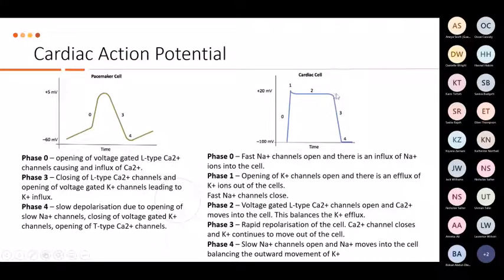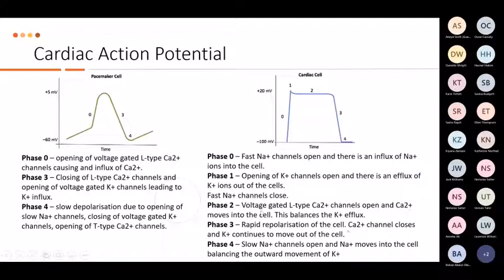Phase 2 is where you have the L-type channels open and the calcium keeps going in, and this balances out with the potassium channels which are open and trying to depolarize the cell. So instead of depolarizing, it keeps it polarized and allows the cardiac muscle to continue to contract, which allows you to eject the blood out of the heart.